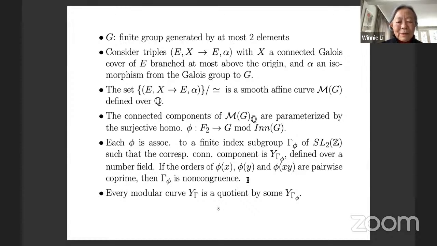And so such modular curves Y of gamma_phi are abundant. There are many of them, in the sense that if we take any modular curve Y of gamma, it is a quotient of some Y of gamma_phi.